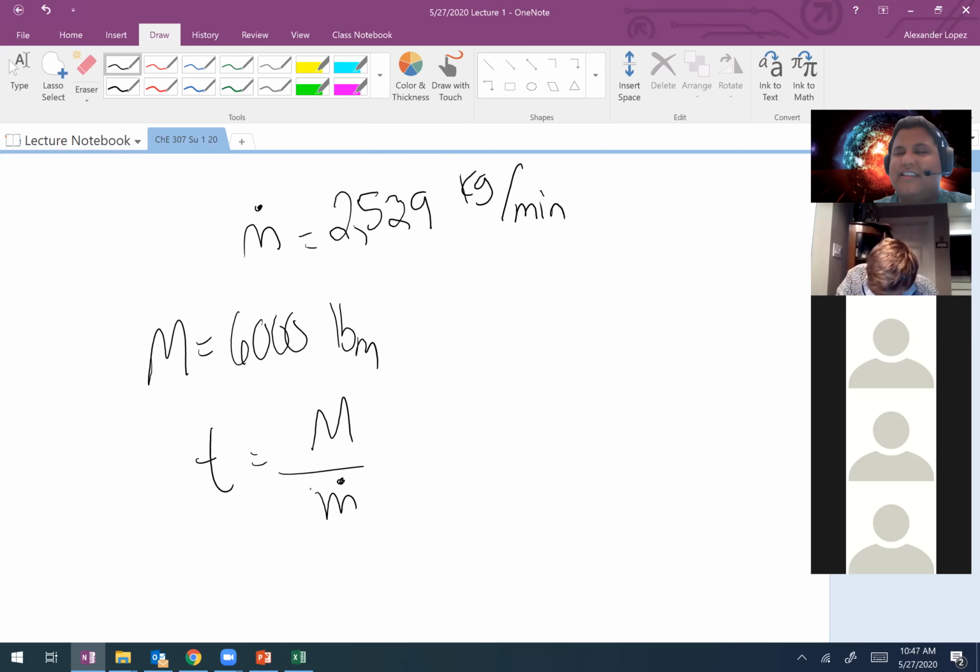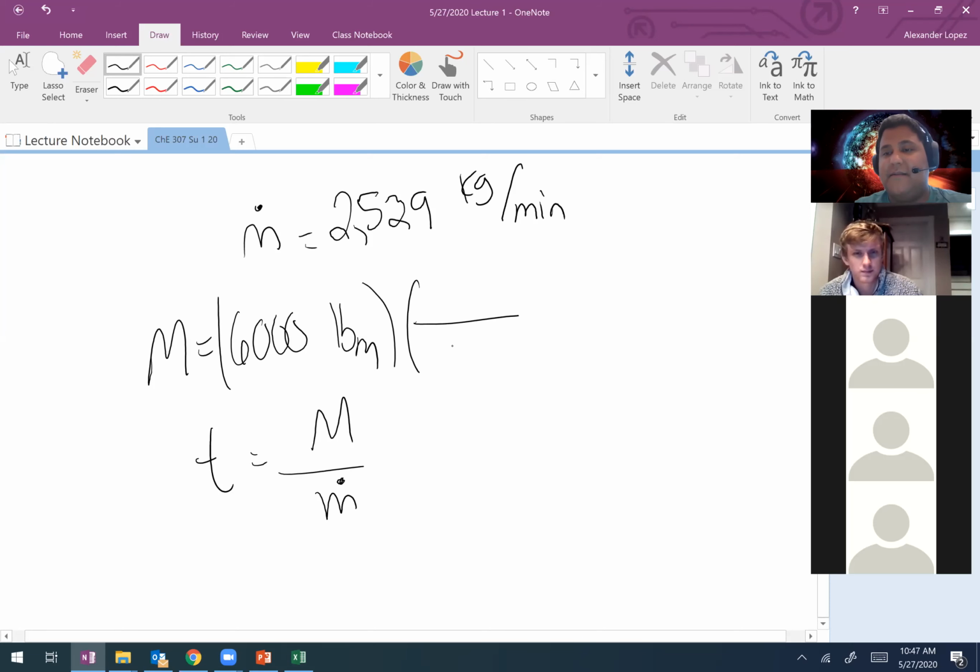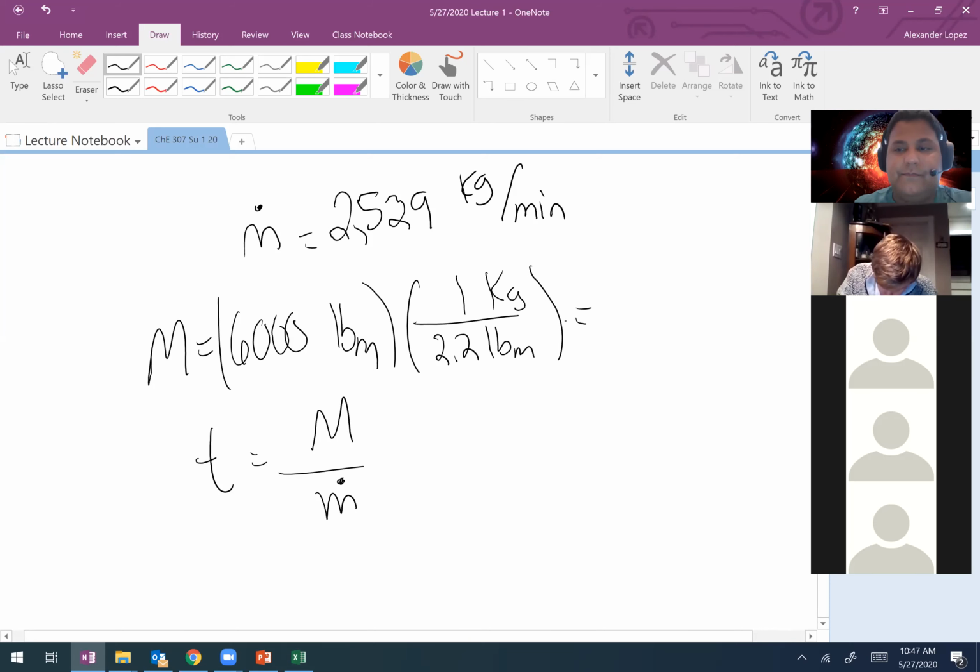Now, most of the time, it's usually a lot more beneficial to stay in SI units when you're doing calculations, unless you're doing fluids because they're weird. So we can go ahead and just do a unit conversion to get from pound mass to kilograms. Now, 2.2 pound masses, or pounds, is in 1 kilogram.